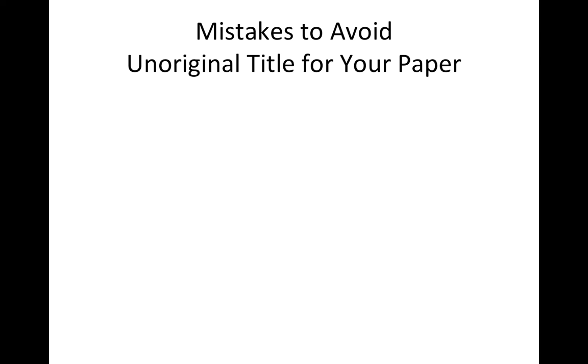One other mistake to avoid. There is a commercial, I think it's for Cheez-Its, and the people in the commercial say, "Get your own box." And I like to tell students, get your own title for your paper. Don't title your paper Practice Paragraph 1, and don't title your paper with the name of whatever the article is that you're summarizing.